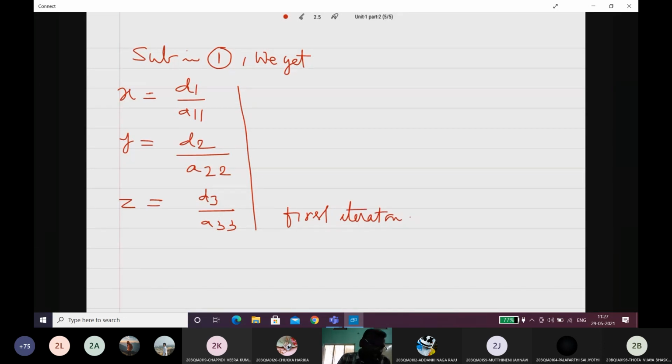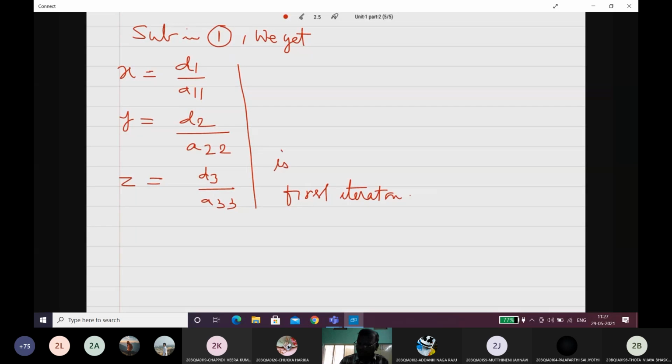Now, for the second approximation, again substitute the values x, y, z obtained above in equation 1.